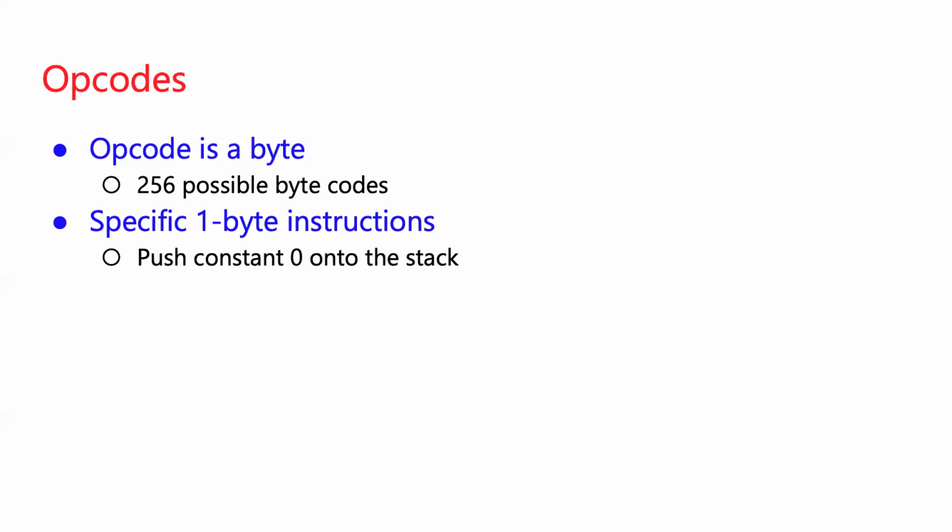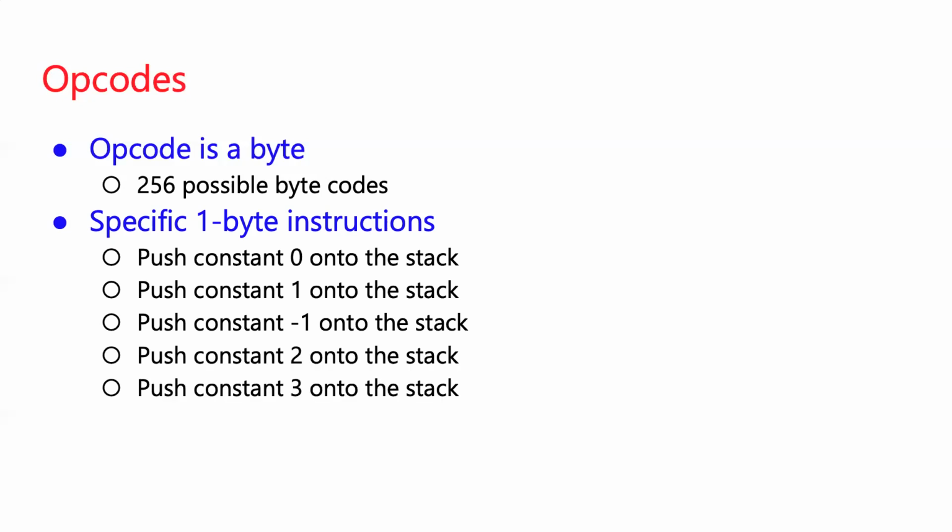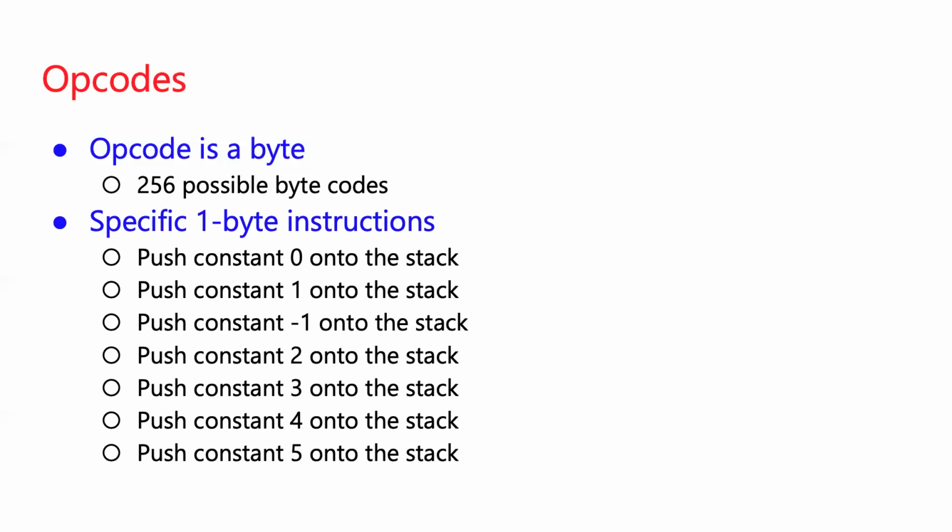And fortunately, there's a bytecode that says push a 0 onto the stack. In fact, for a bunch of small values like 1, there's a Java bytecode that says just push a 1 onto the stack. Or -1, which is pretty useful, just push a -1 onto the stack. Or 2, or 3, or 4, or 5.